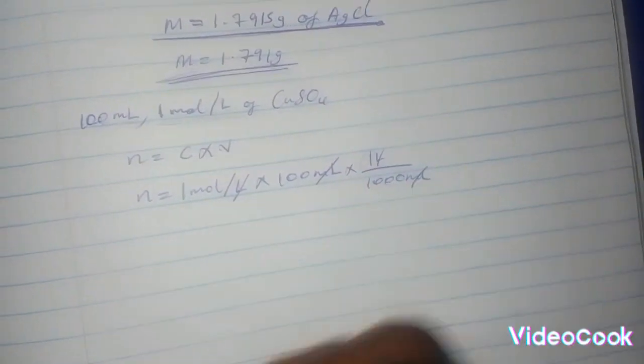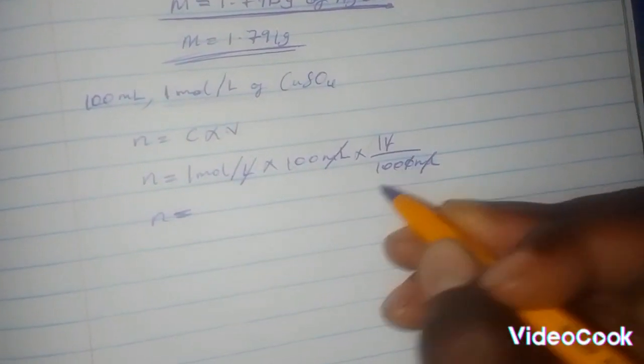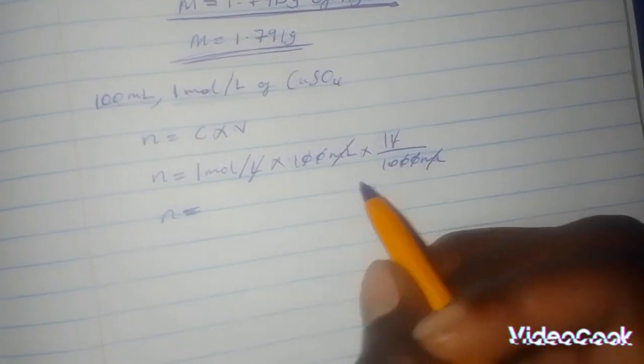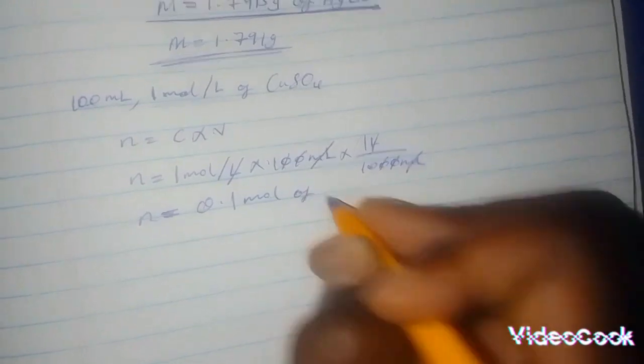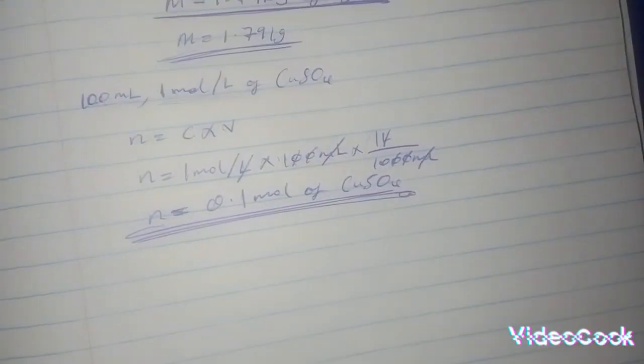We have liter here, liter here. So the number of moles will be 1 times 1 divided by 10, which is 0.1 moles of copper sulfate. We're done with this one.